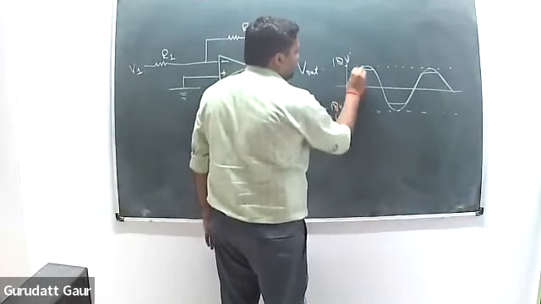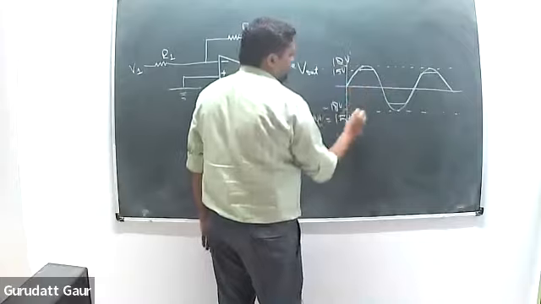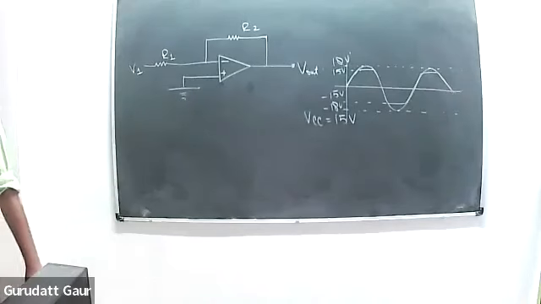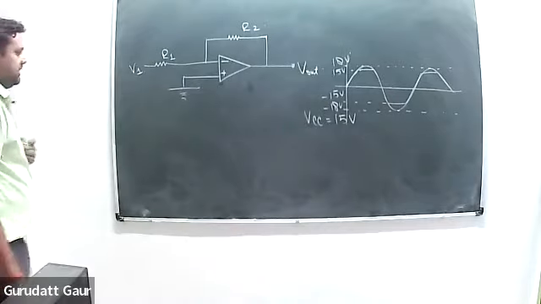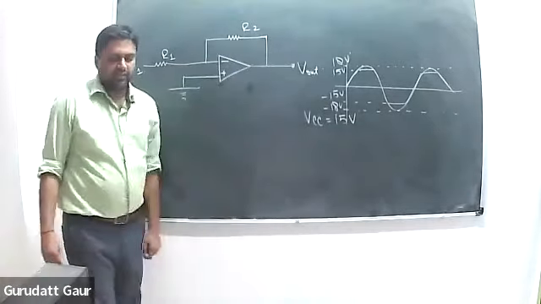Then obviously it cannot go beyond this 15 volt. It will be clipped at 15 volt. इससे ज़्यादा voltage draw ही नहीं कर सकते. So that is one of the features of negative feedback. Saturation voltage बोलते हैं.